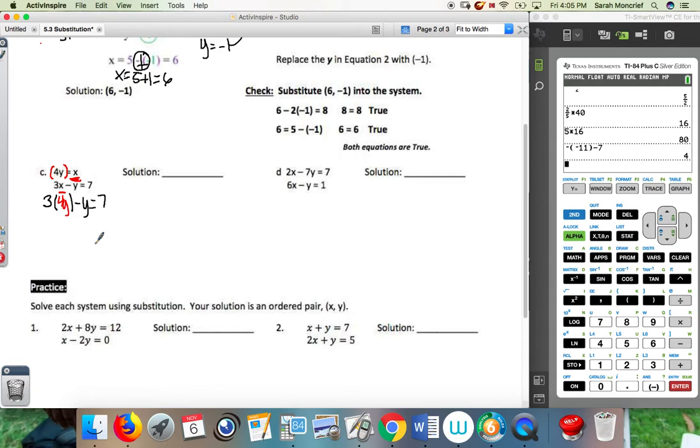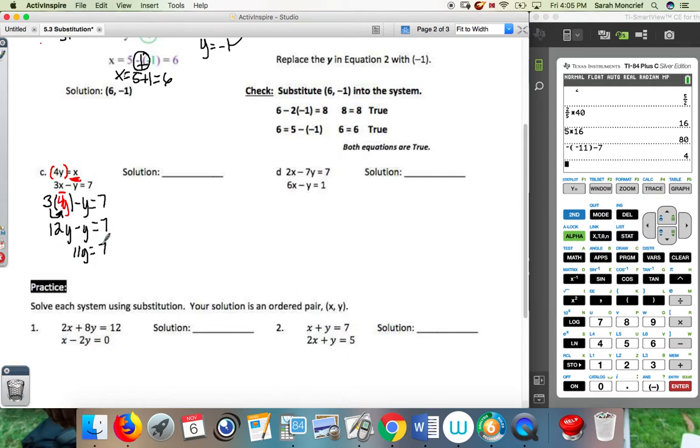And now we should be pretty good at figuring out how to solve for y. We first need to distribute, right? What is 3 times 4y? 12y. So we have 12y minus y is equal to 7. What is 12y minus y? 11y. So we have 11y is equal to 7.